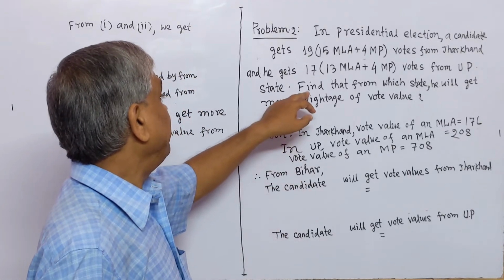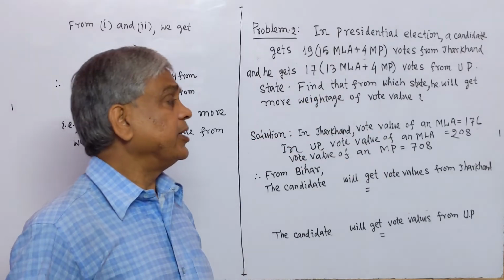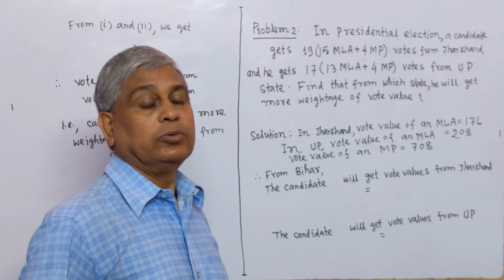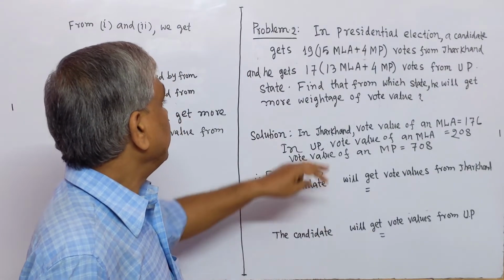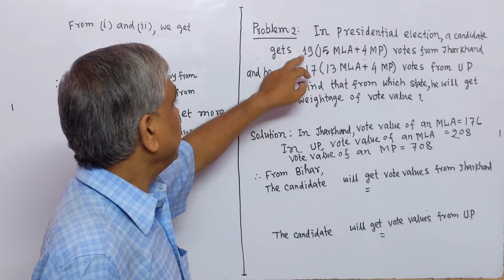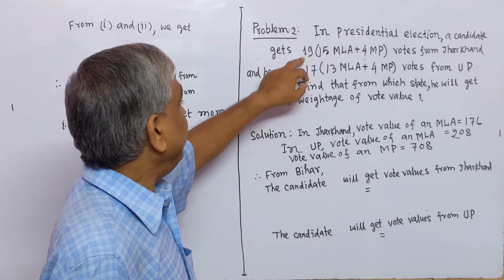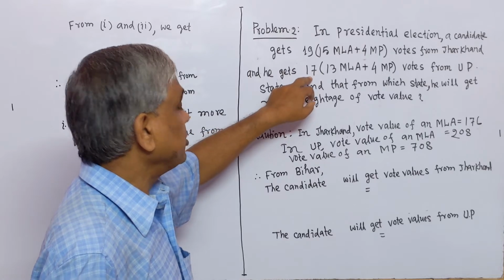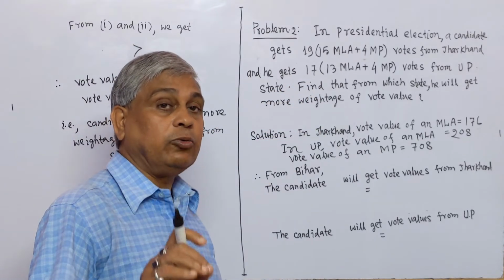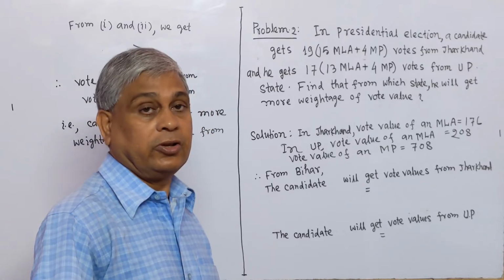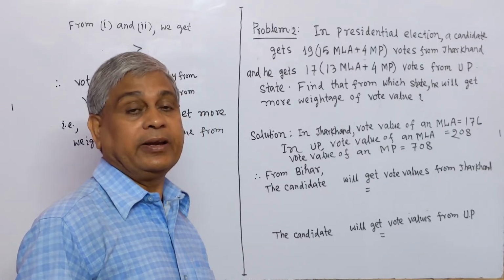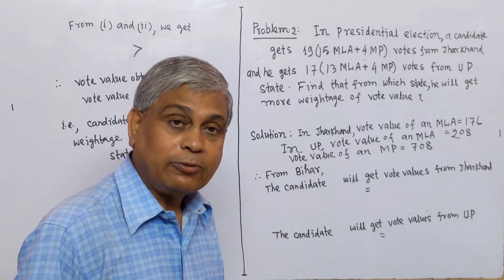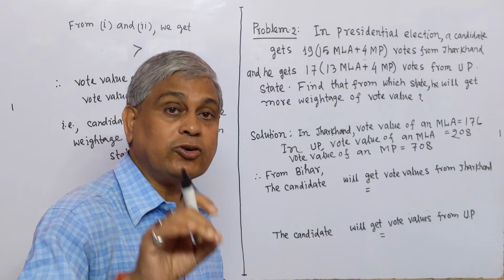Question is, find from which state he will get more weightage of vote value. Here, from Jharkhand, the candidate will get 19 votes, and from UP 17 votes. Means from Jharkhand, the candidate will get more votes. Now we have to find from which state the candidate will get more weightage of vote values.